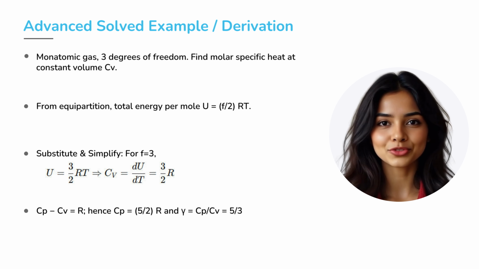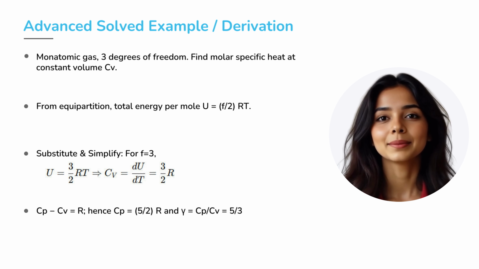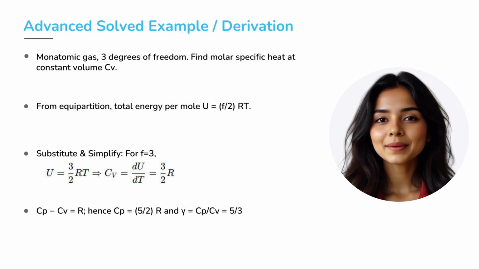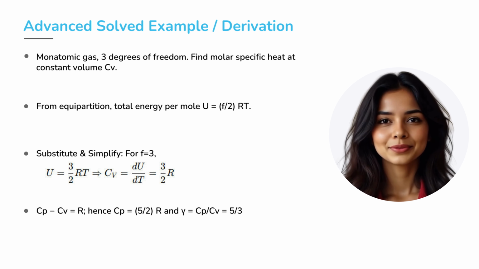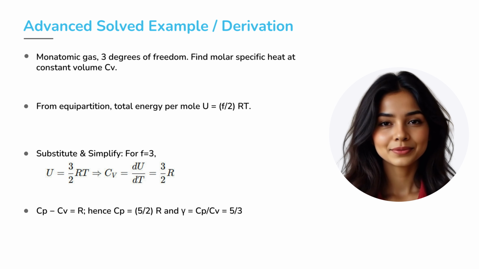Differentiate both sides with respect to temperature. dU by dT equals 3 by 2 R, that's our Cv. From the ideal gas law, we know Cp minus Cv equals R. So Cp becomes 5 by 2 R, and the ratio gamma equals 5 by 3. And there you go, the entire behavior of gases captured in a few simple fractions.